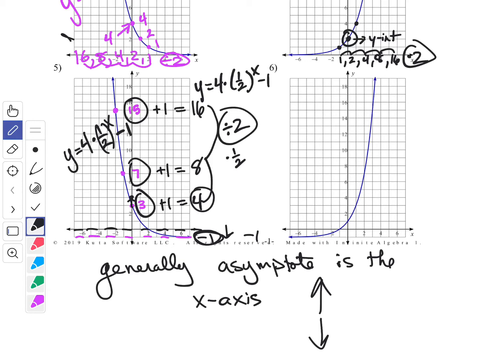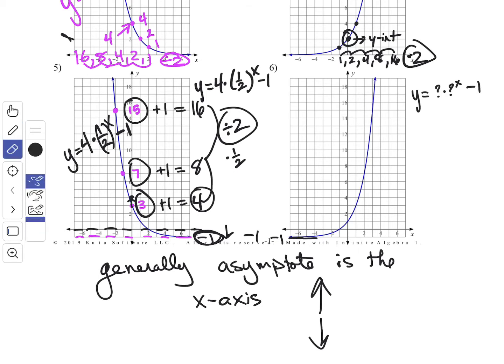Now, we generally don't throw these ones at you, but we are kind of taking a look at them this time. Okay? So again, notice where it looks like your asymptote is, where it flattens out. So we're subtracting 1. So I'm going to go y equals my start times my growth to the x, and I'm going to subtract 1 to it. Okay?